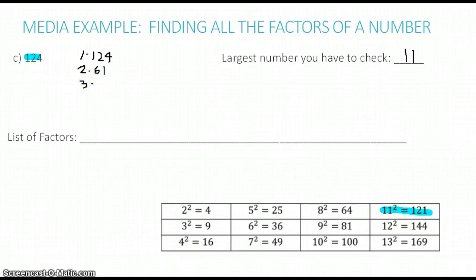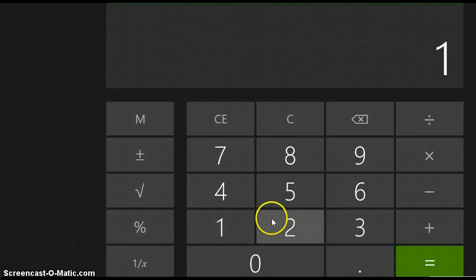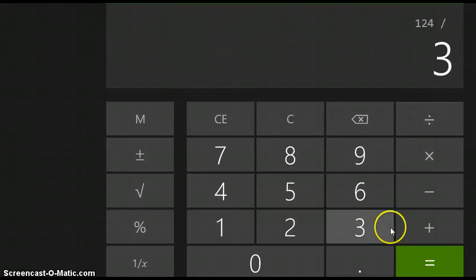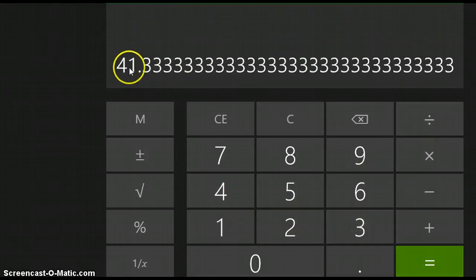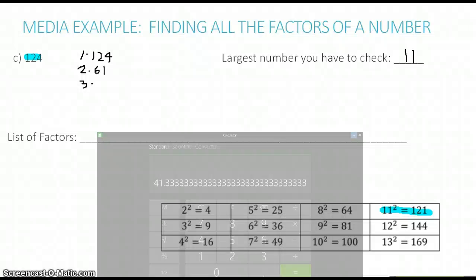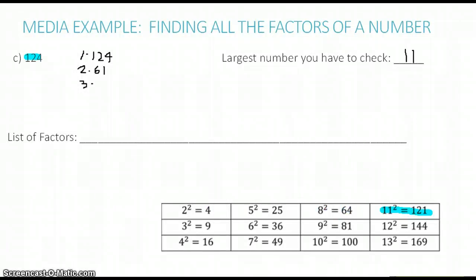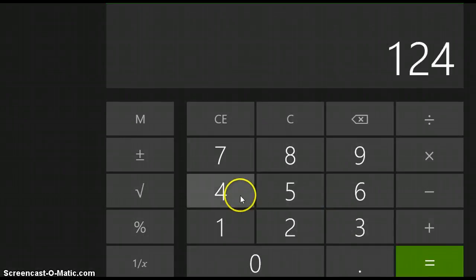Now let's try 3. 124 divided by 3, there's 41 and a remainder, so that means 3 is not a factor of 124. So we're just going to cross that out. Next, let's try 4. 124 divided by 4 is 31.